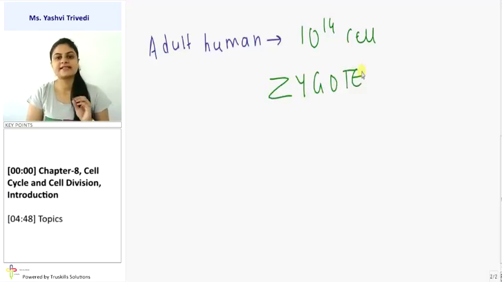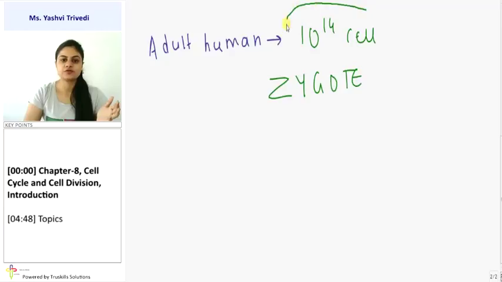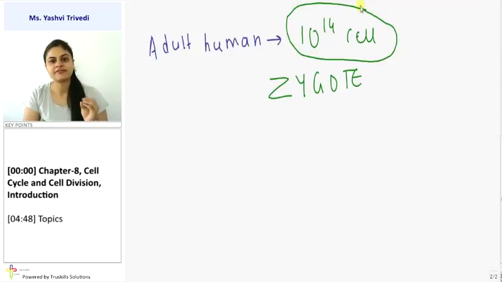From a single cell zygote, continuous cell division occurs, and by that cell multiplication takes place. One cell will divide into 2, 2 to 4, 4 to 8 and so on, and at the end almost 10 raised to 14 cells are produced, which leads to the development of an adult multicellular organism. So this is how it goes.